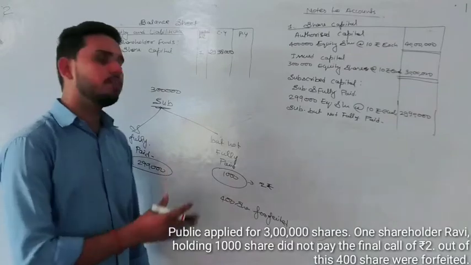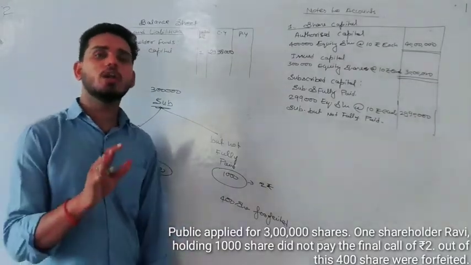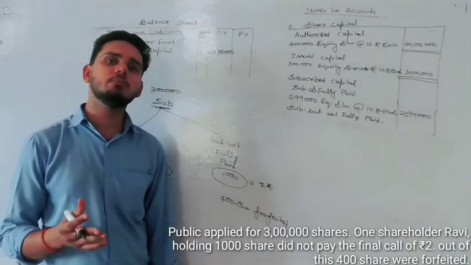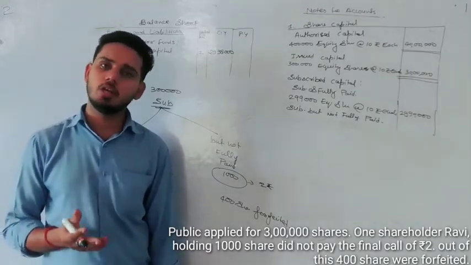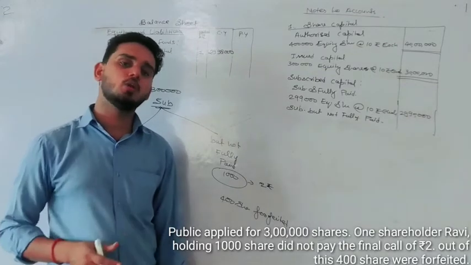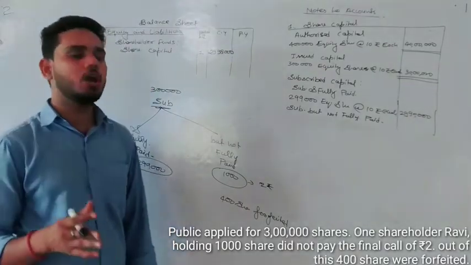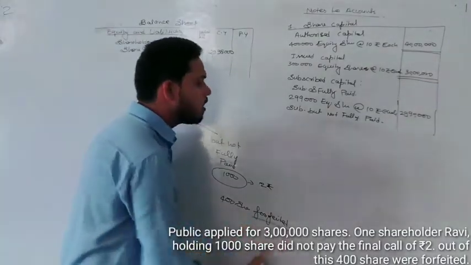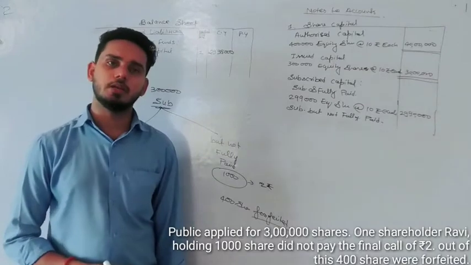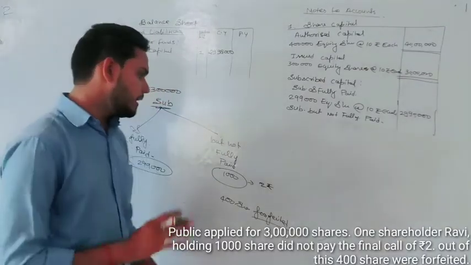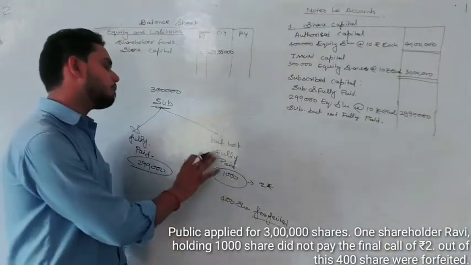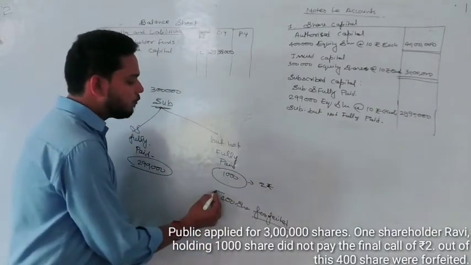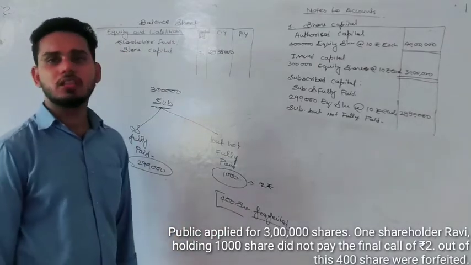Let's suppose you are the actual shareholder of a particular share, but you are continuously making default. Then the company will cancel your shareholdership, and you will no longer be the shareholder of that share. That process is known as forfeiting the share. As Ravi was not paying this 2 rupees, the company forfeited 400 shares from these 1000 shares.